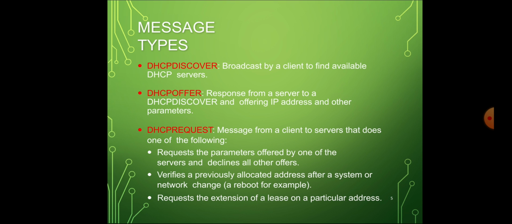Or request the extension of the lease on a particular address. Suppose an IP address is assigned for 1 hour, and if you want to increase the time duration, then you send the request again.